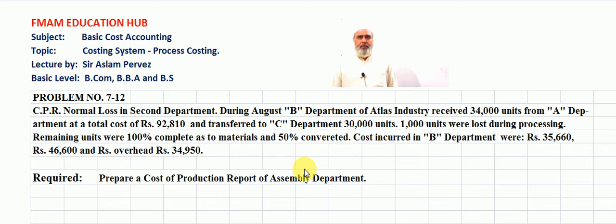Cost incurred in department B were rupees 35,660 as material, rupees 46,600 as direct labor, and overhead rupees 34,950.